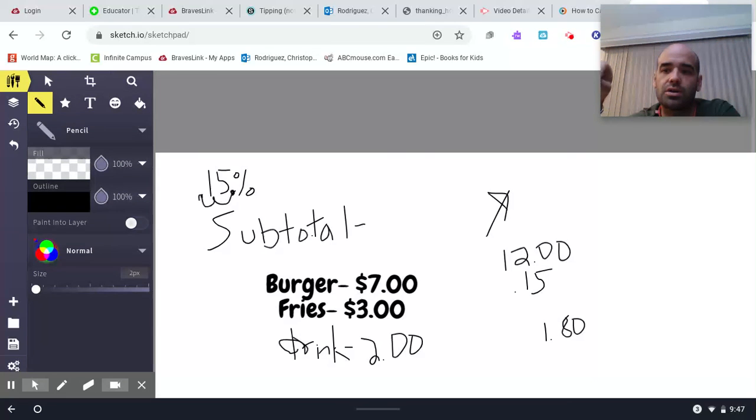Make sure when you are doing your work that it makes sense. When you finish, think to yourself, does a $1,423,000 tip make sense for a $20 bill? I don't think so.